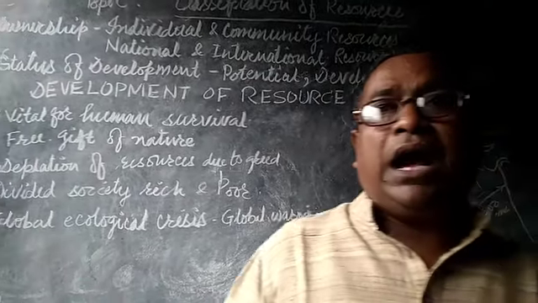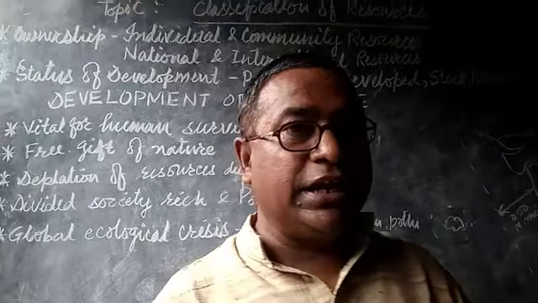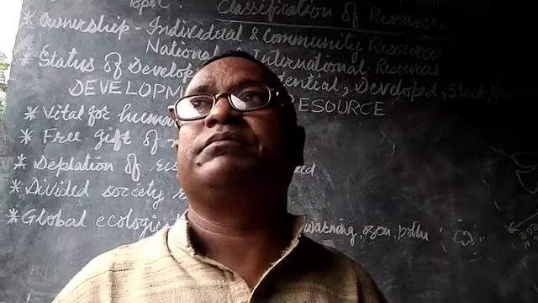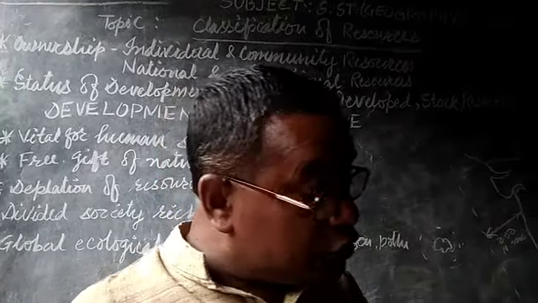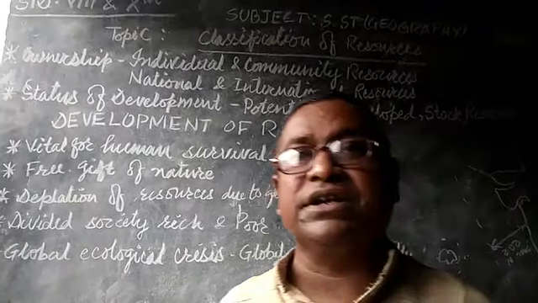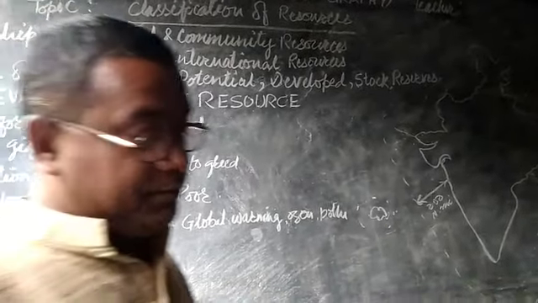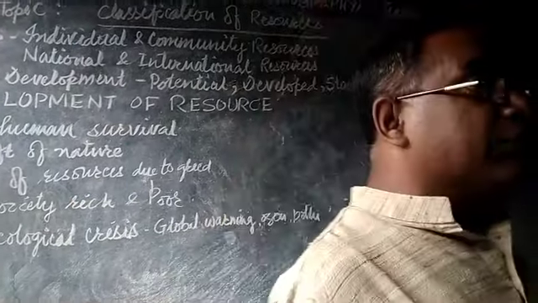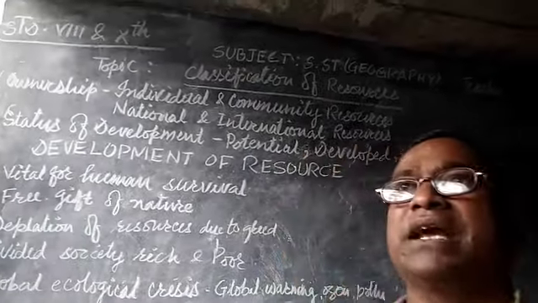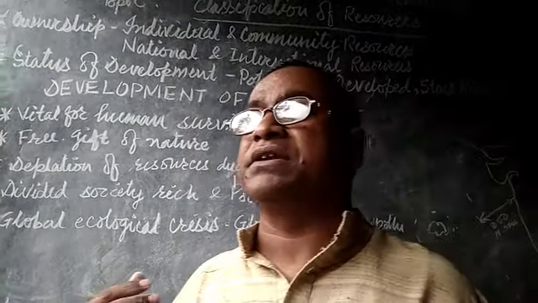In this regard, an event was organized in Brazil, in Rio de Janeiro. Rio de Janeiro is a city of Brazil, where in June 1992 Brazil organized the Earth Summit, because at the global level the environment may become degraded and global warming may increase.